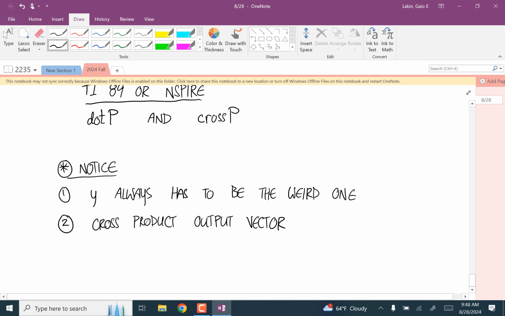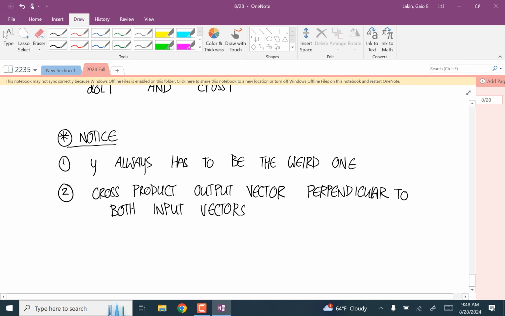Output vector is always perpendicular to both input vectors. Third, the cross product of any 2 parallel vectors is 0.